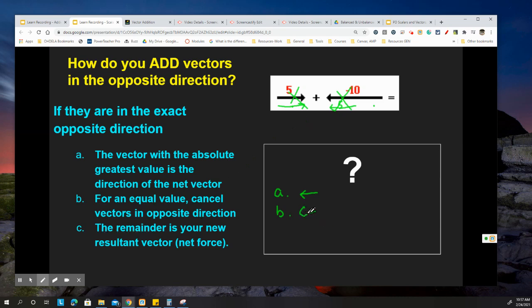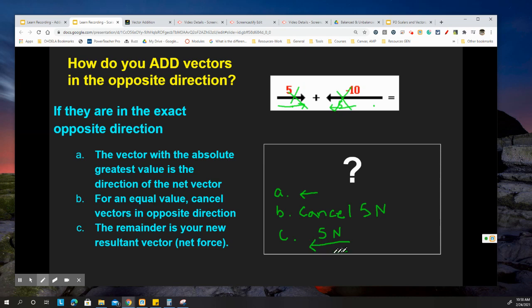C says my remainder is my new net force resultant vector. So C is my remainder. If I cancel 5 from 10, I'm left with 5. So my resultant vector has a magnitude of 5 newtons, and the arrow is left or west.